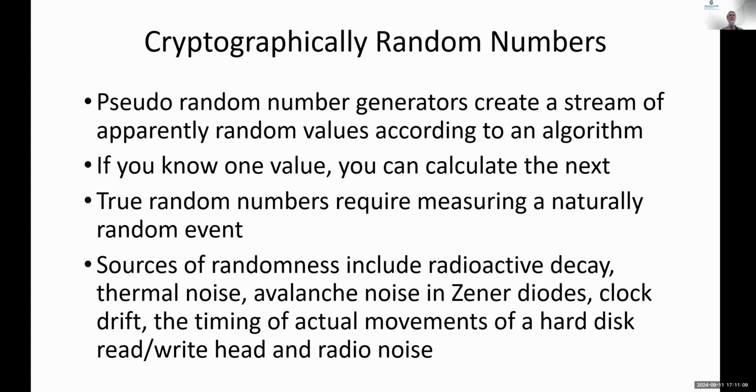When we do a lot of the cryptographic stuff, we rely on random numbers, cryptographically random numbers. In all your programming languages, they have random number generators that generate pseudo-random numbers. It's very simple. There are some very well-known algorithms for generating random numbers.